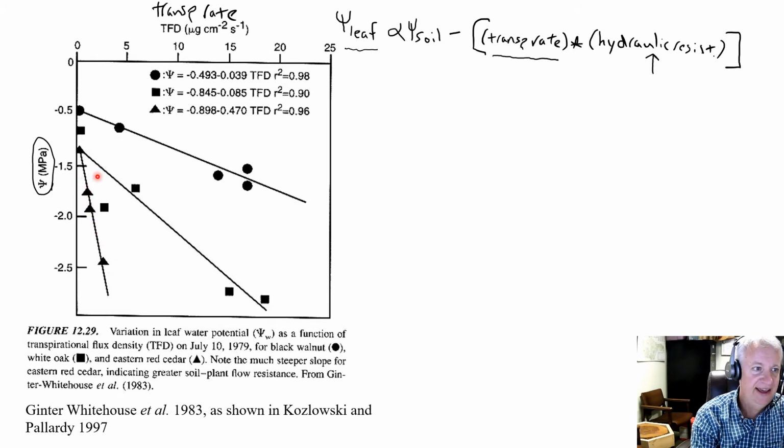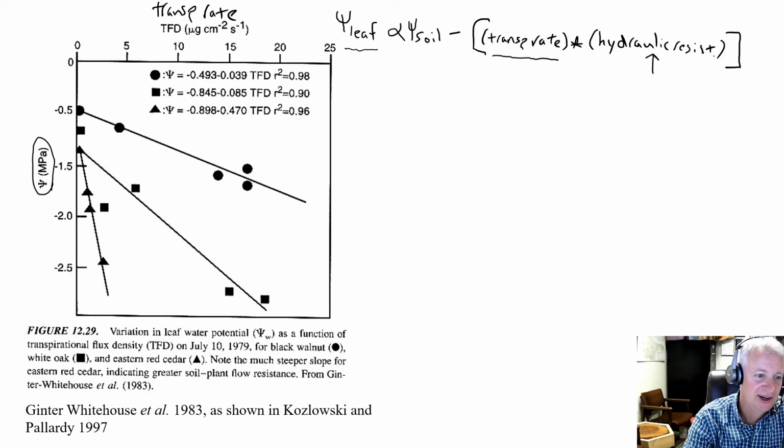So they all see a decline in leaf water potential as transpiration rate increases, but they decrease at different rates. What's causing that difference? Well, it should be obvious that the difference in the rate of decrease has to do with different values of hydraulic resistance. The greater the hydraulic resistance, the larger this term is, the steeper this decrease is.